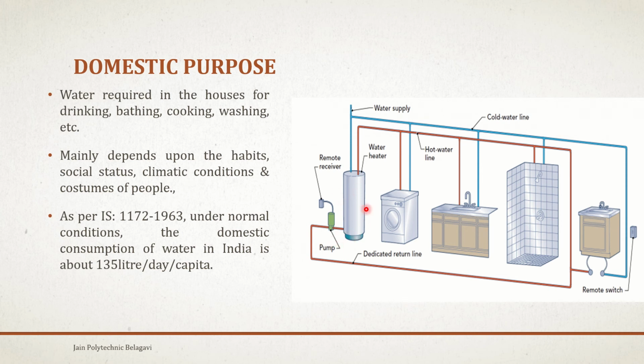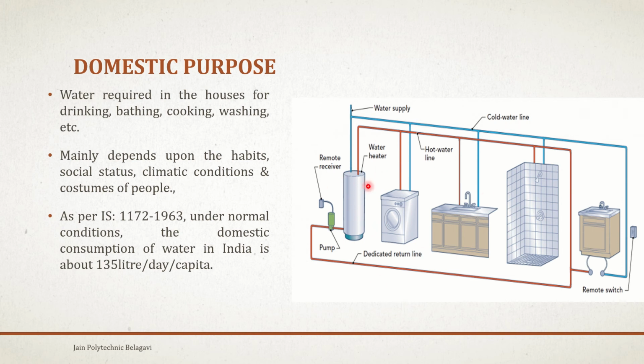We will be using it for heaters, washing machines, wash basins, taking baths, and if you have any extra wash basins where you will be washing vessels, there you will be supplying the water. So this is how the water is being used.